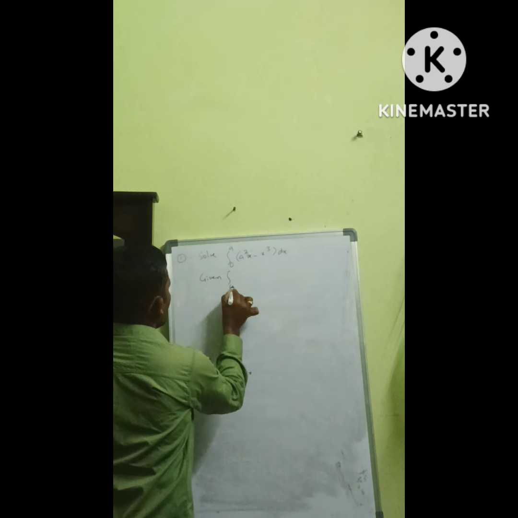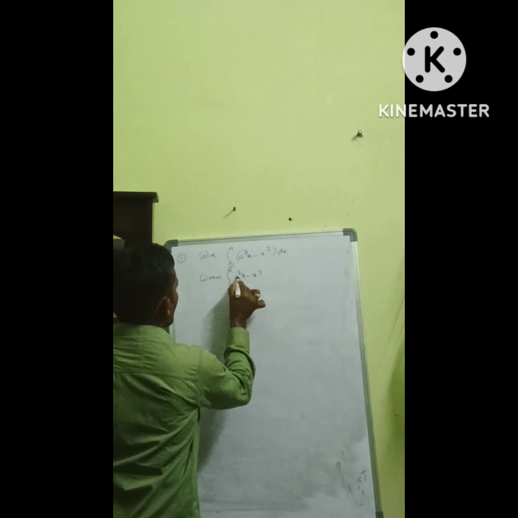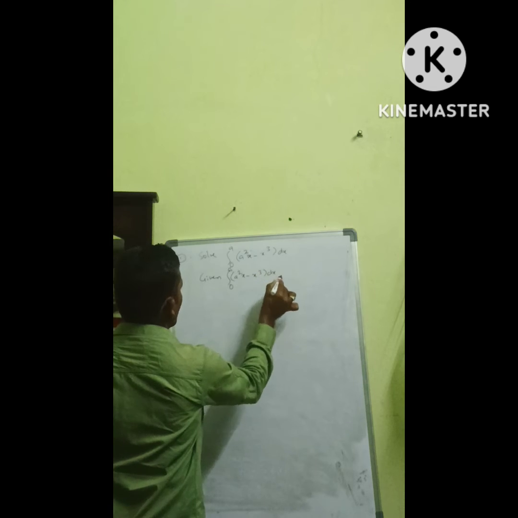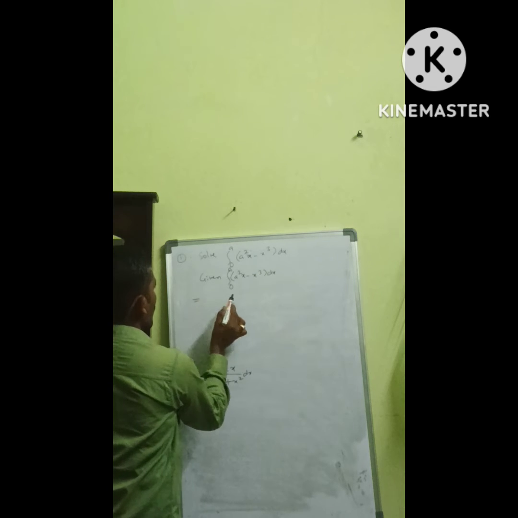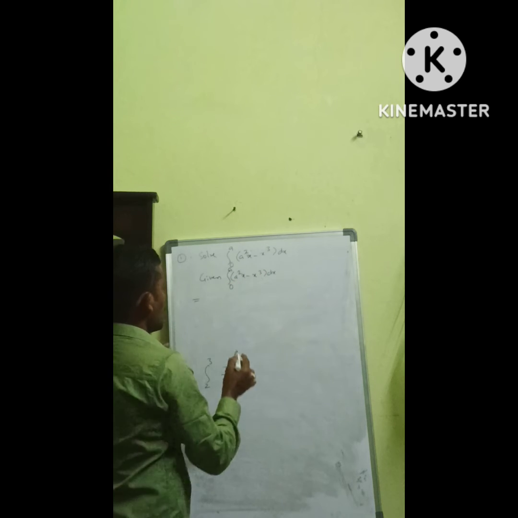Given the integral from 0 to a of (a square x minus x cube) dx, what is the integration? The integration of this is the integration of the first term, minus the integration of the second term.